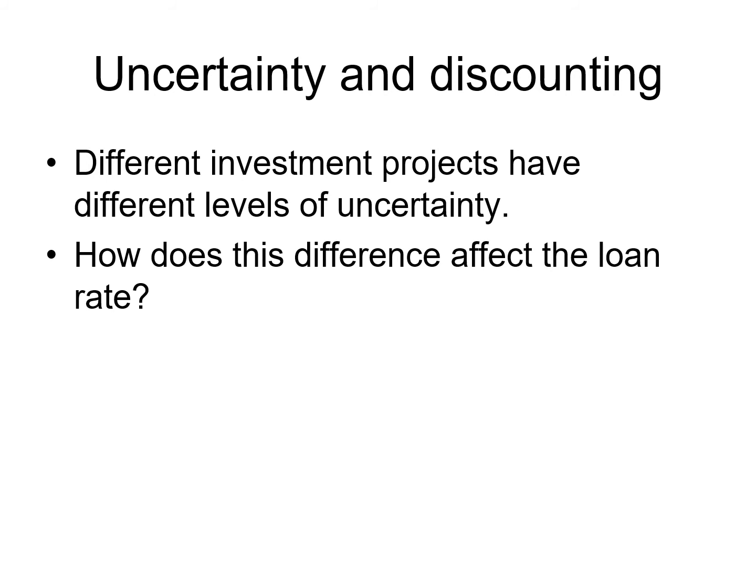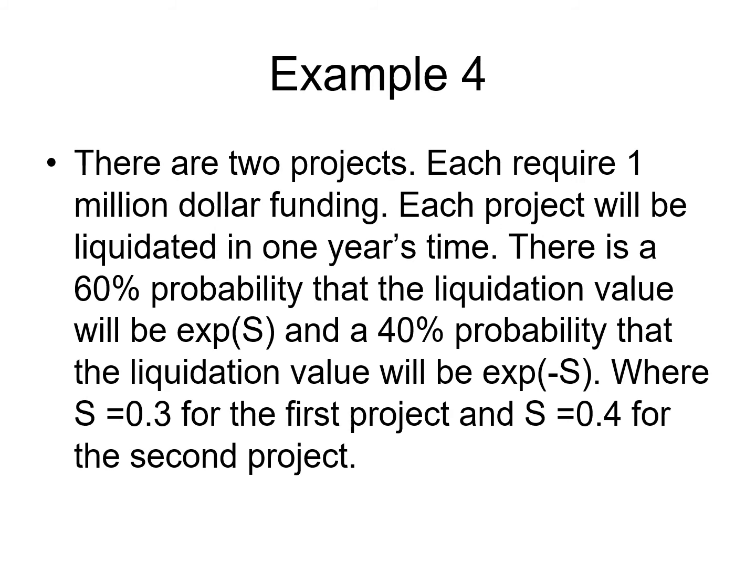Uncertainty and discounting. Different investment projects have different levels of uncertainty. How does this difference affect the loan rate? Example 4. There are two projects, each require $1 million funding. Each project will be liquidated in 1 year's time.